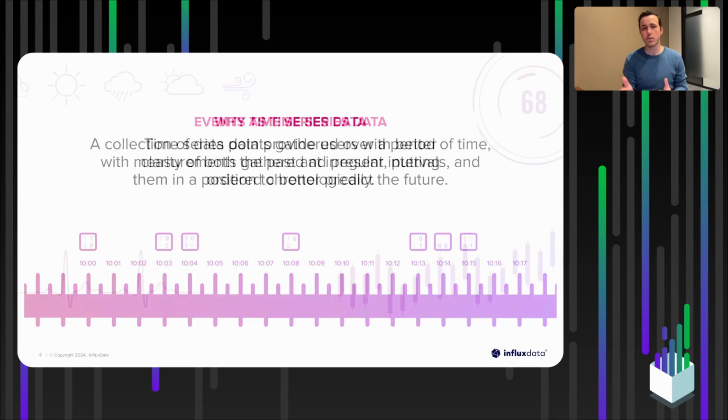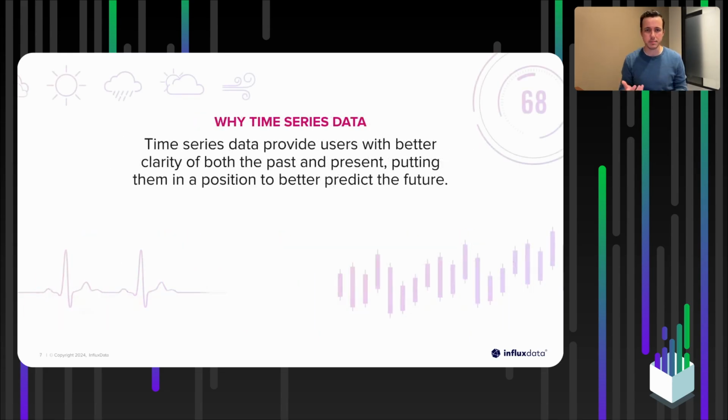And from there, we can understand why time series data is important. Because again, it's going to provide a clearer picture of what happened in the past and currently what is happening to help predict what's going on in the future. For example, for weather patterns and hurricane model predictions. Being able to look at what happened with previous hurricanes and how they adapted over time and the paths they took can help imply what may happen with future hurricanes. Or take, for example, the stock market.